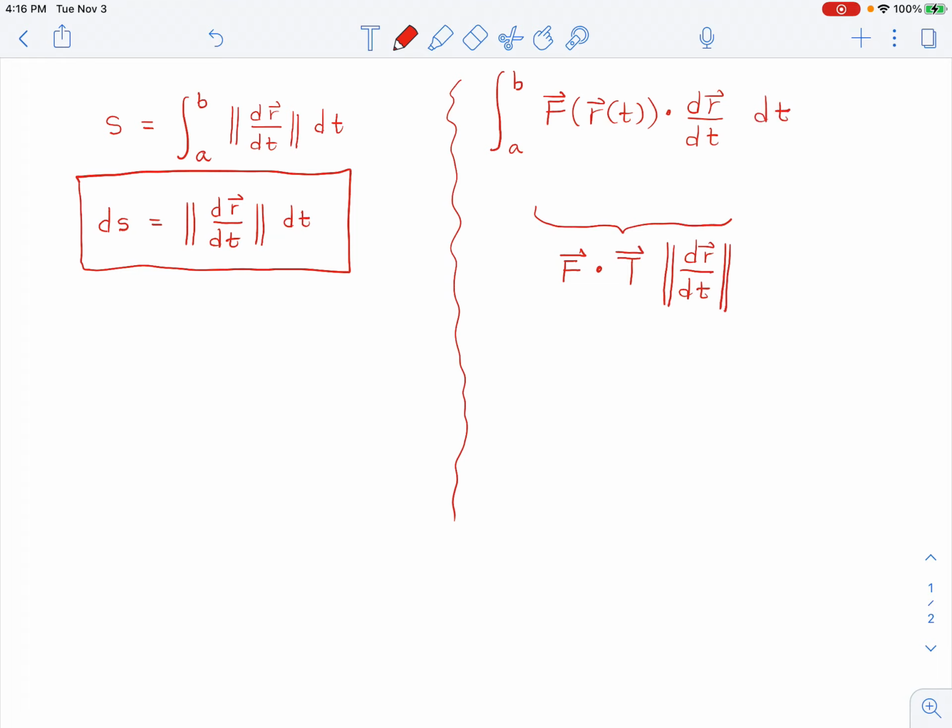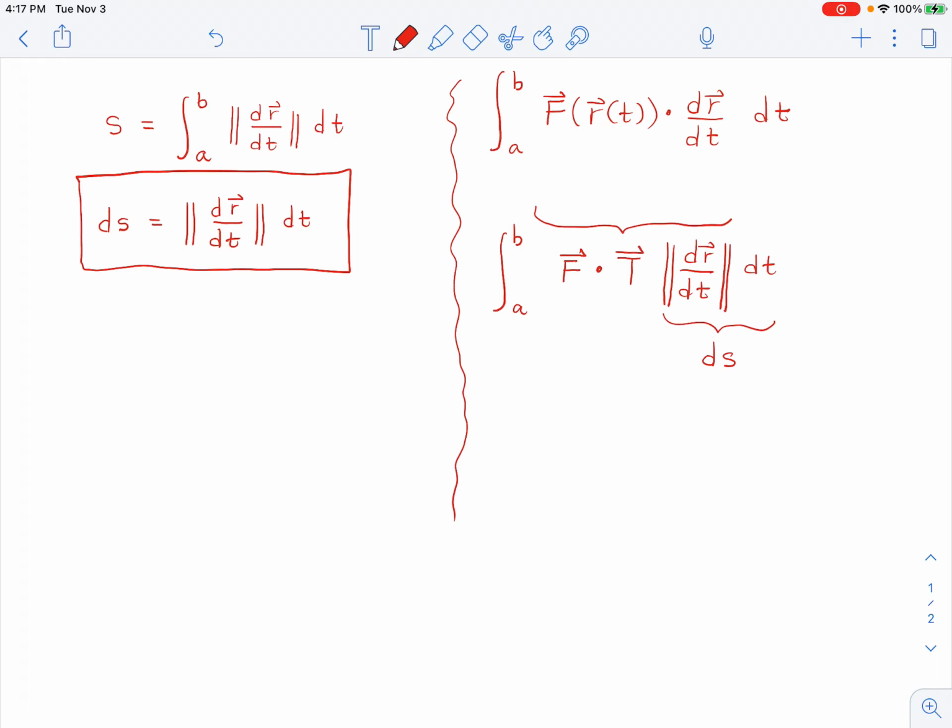Okay, so this is the same as integrating from A to B of the dot product between the force vector and the unit tangent vector times the magnitude of the velocity vector times dt. And probably you recognize that this is just our differential ds.